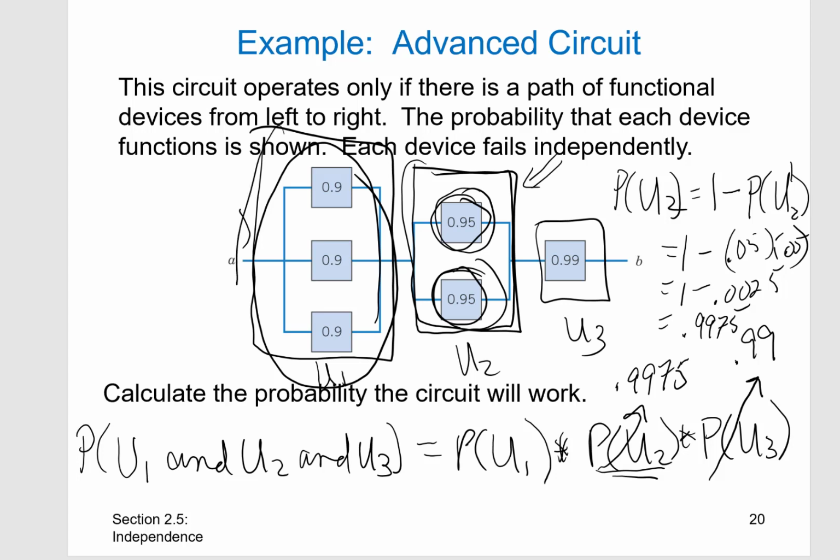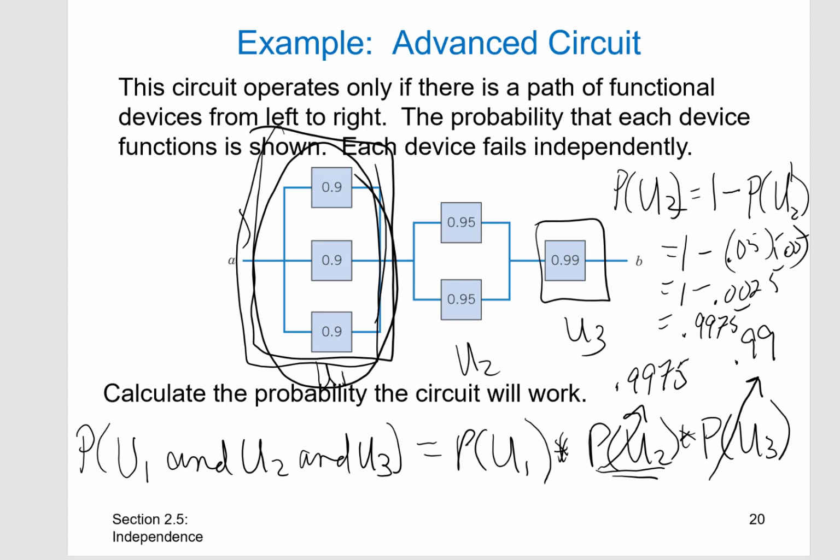Now, the first unit here is a little bit more involved, but not by that much. So I'm going to use the same method I used to find unit 2. So the probability that unit 1 works is 1 minus the probability that it doesn't work.